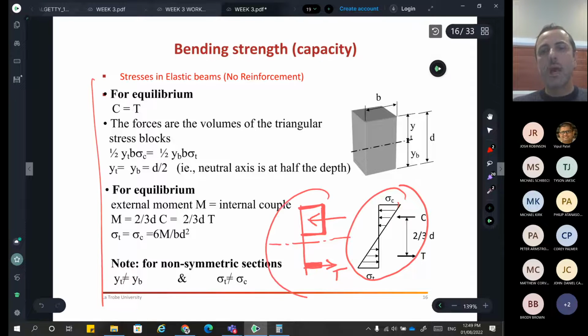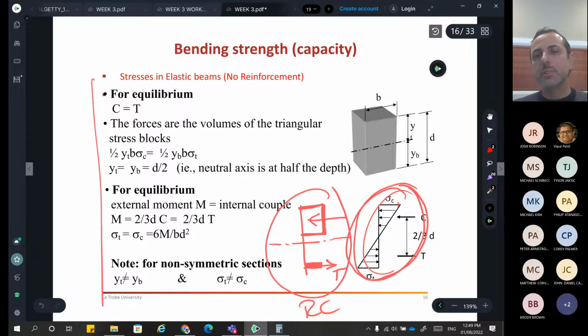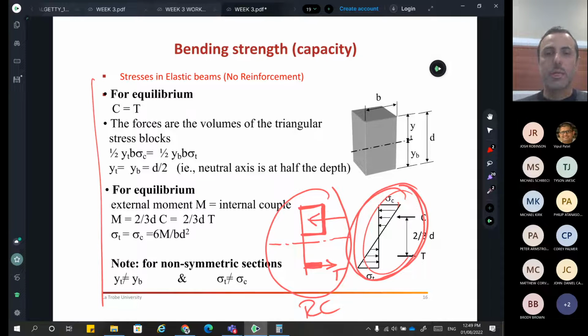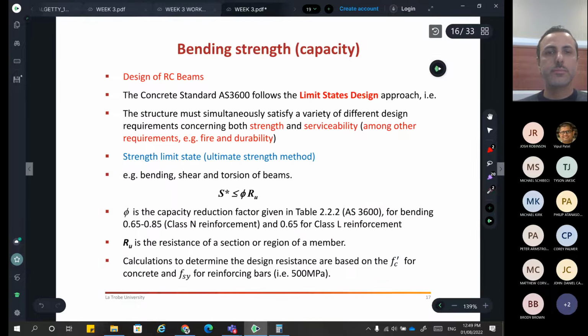So this is what we have in RC, and this is what you would see from mechanics of solids in an isotropic or homogeneous section, something like fully rectangular steel sections, but nobody will design a full rectangular steel section. It's just too expensive to do so. We used these principles last year when we talked about steel. So your typical stress diagram will look something like this.